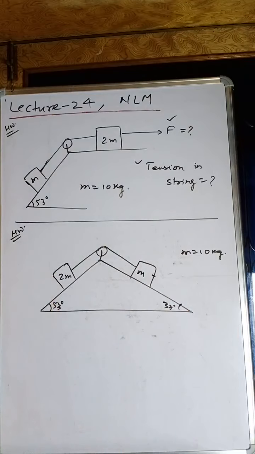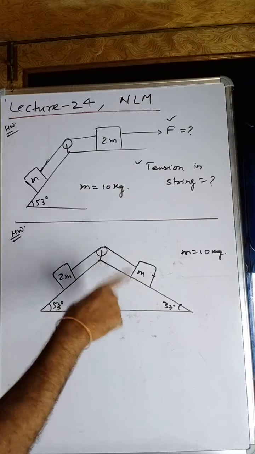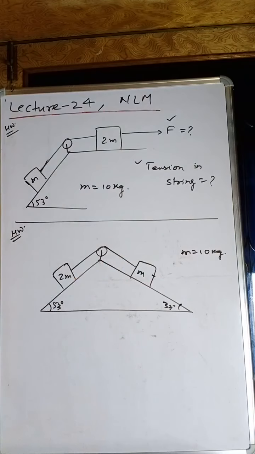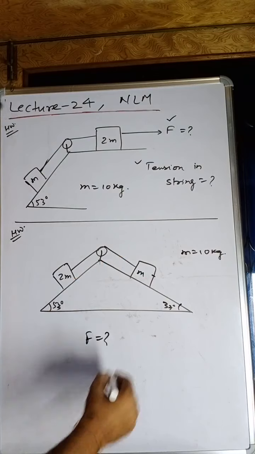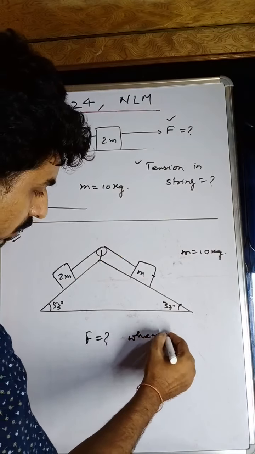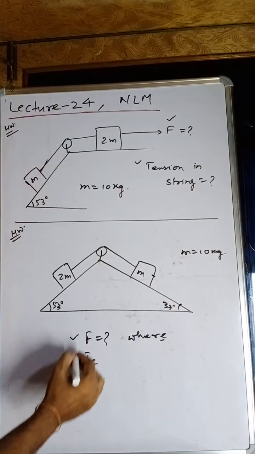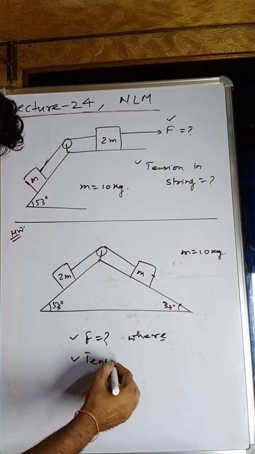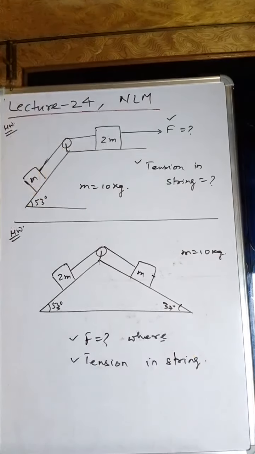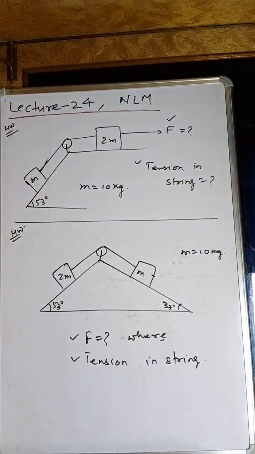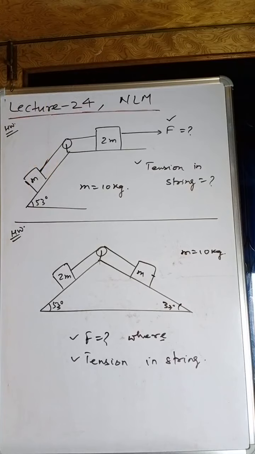Now the question is, how much force and from where should it be applied to make the system in equilibrium? And the second one, find the tension in the string. So kindly note down this question, my dear students. Now next question.